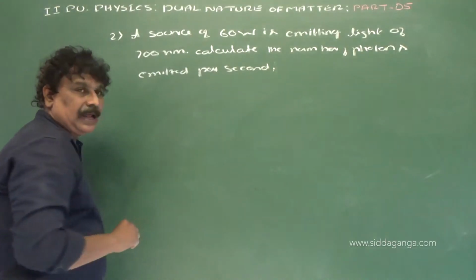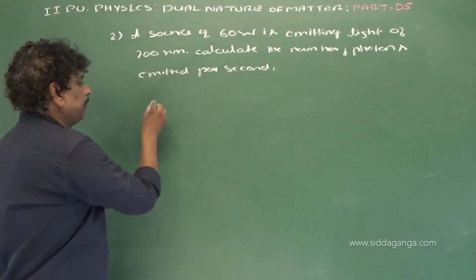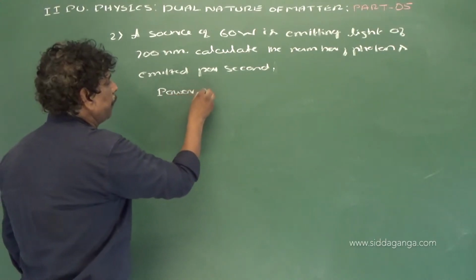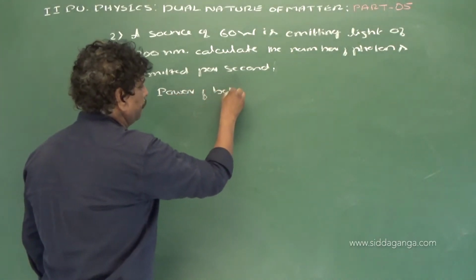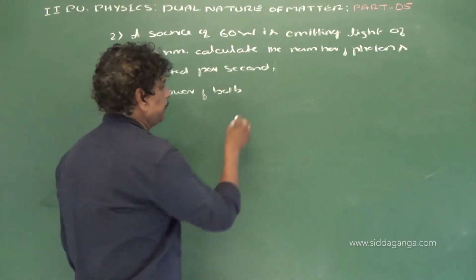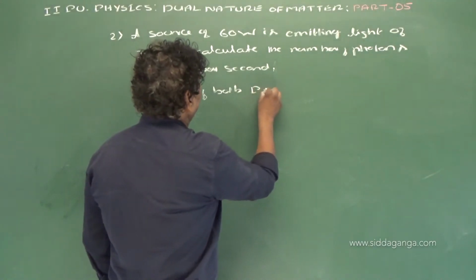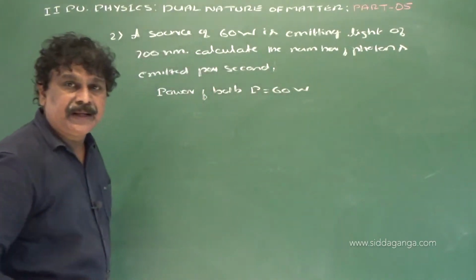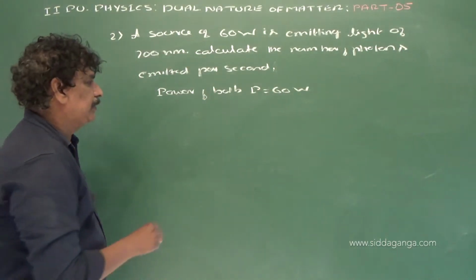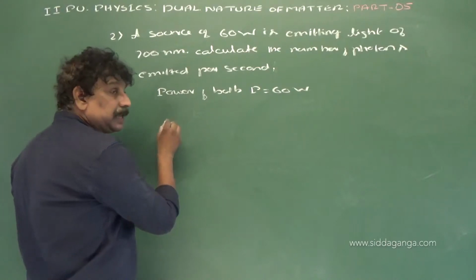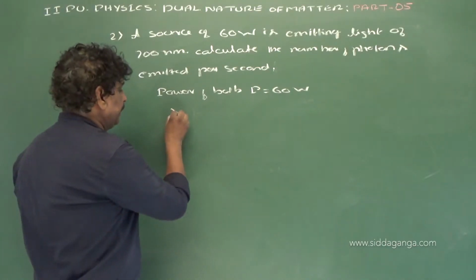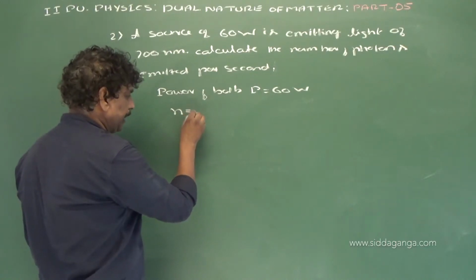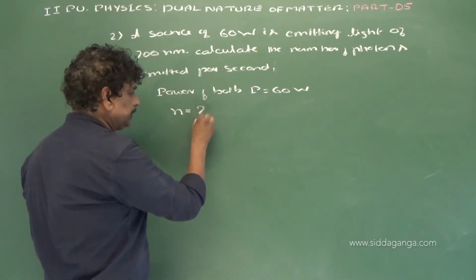Now we have given the power of the bulb, P is equal to 60 watt. We need to calculate the number of photons emitted per second. N is equal to what?